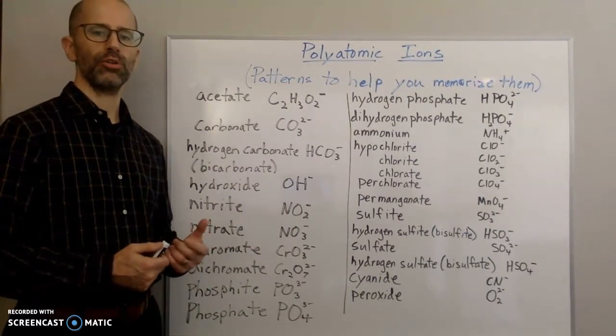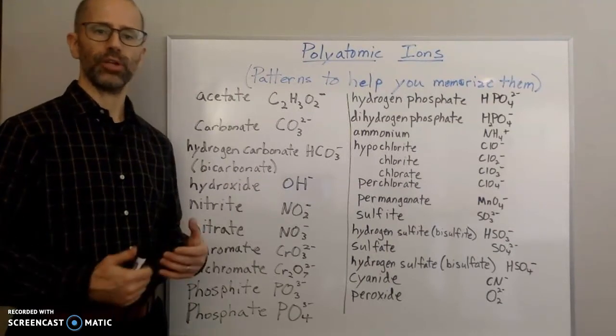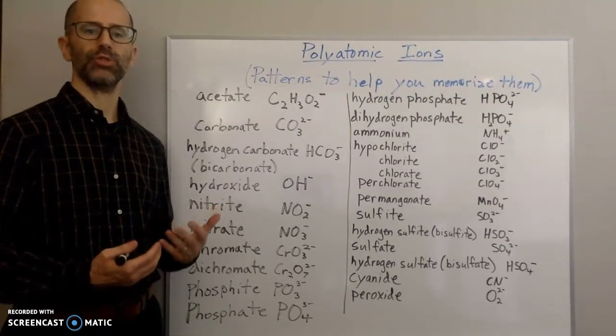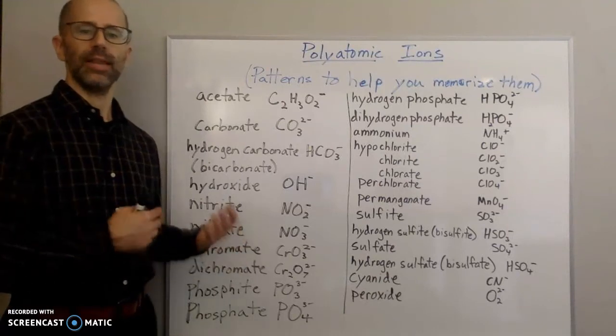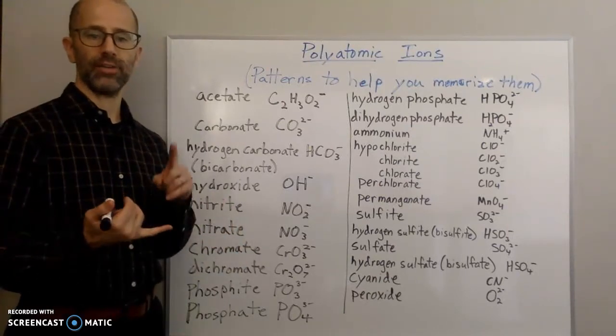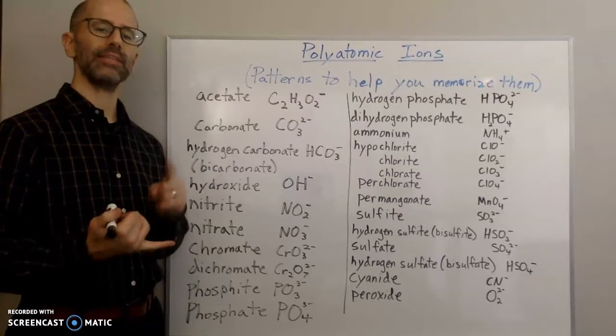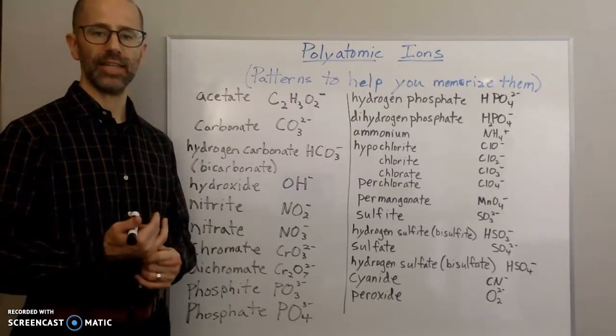And what I'm going to do in this video is show you ways in which you can see patterns that will help you to memorize the formula as well as the charges on the ions.